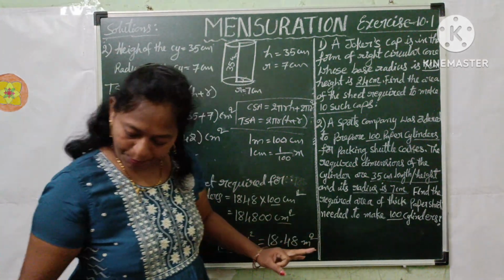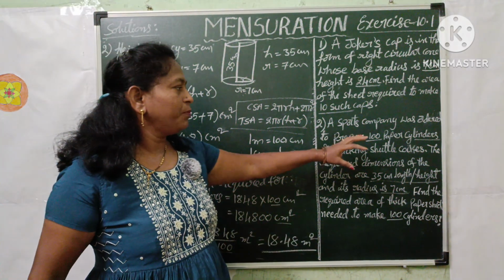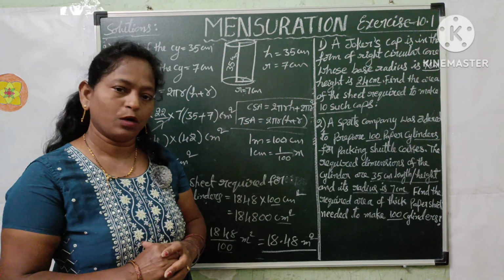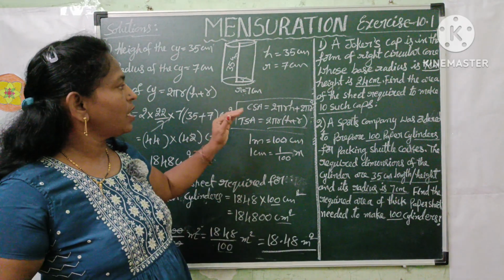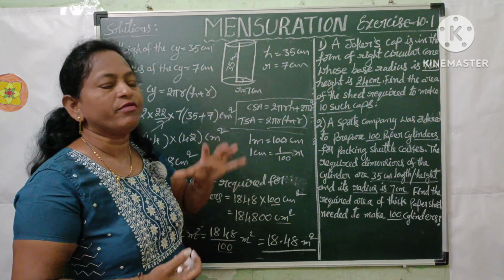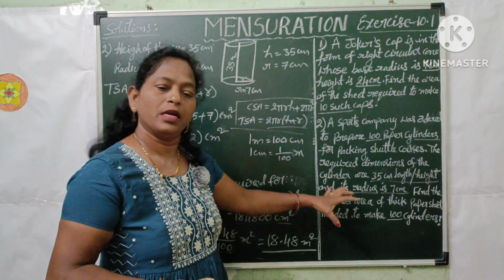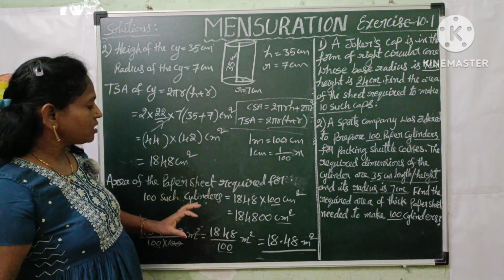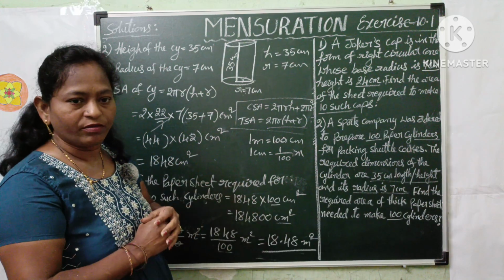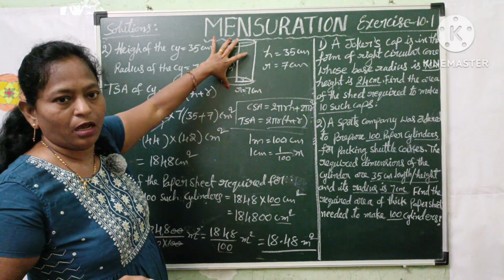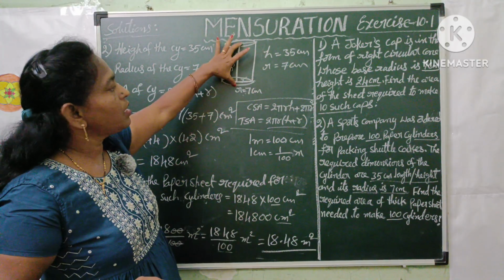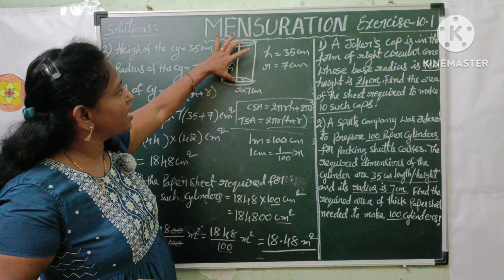Okay, once again see here. This is the question. A sports company ordered to prepare 100 cylinders for packing shuttlecocks. They are asking for 100, while radius and height are given for one cylinder. We need to find one cylinder, then find the 100 such cylinders. At last, lateral surface area or total surface area, we may get confused. Don't get confused, because this is a sealed pack, so we are using curved surface area and also the base area and top area.